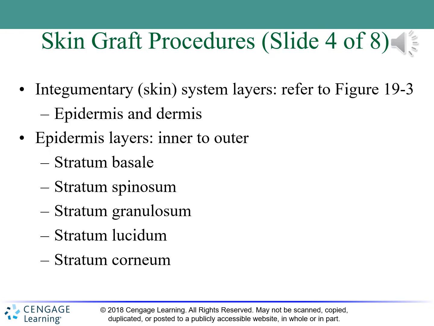You have to suture this because look at all of the components of the dermis that's included in there: nerves, collagen fibers, arteries, veins, etc. Okay, but this is the epidermis layers from inner to outer up on the screen here or in the book. The stratum basale, spinosum, granulosum, lucidum, and the corneum. I'm not asking you to memorize these, but just be familiar with some of these terms.